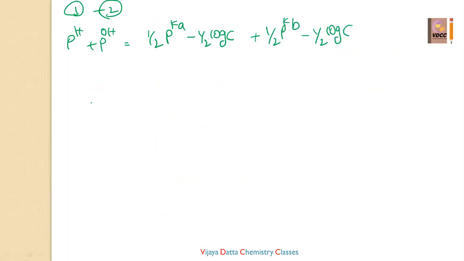Otherwise I can subtract these two. 1 minus 2, if you subtract, I want to cancel the half log C. Then this is minus half pKb, then it becomes plus half log C, and log C gets cancelled. Then half I'll take common: half pKa minus pKb.